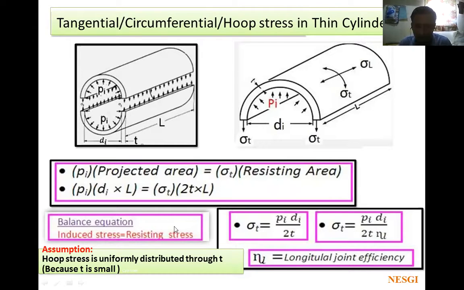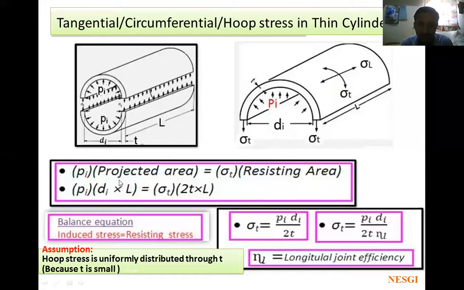See here, the equation for sigma t is given by, just simply, a loading equation: pressure into projected area. This is very important.